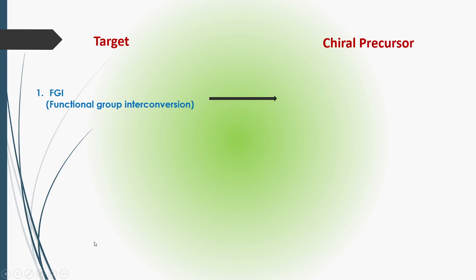In a target molecule there are some functional groups, and sometimes some functional groups of this target molecule can be converted into other functional groups for the synthesis, and we get some starting material that is called the chiral precursor. So it is an important step for retrosynthesis, or we can say the Chiron approach. The functional groups present can be manipulated as per requirement.